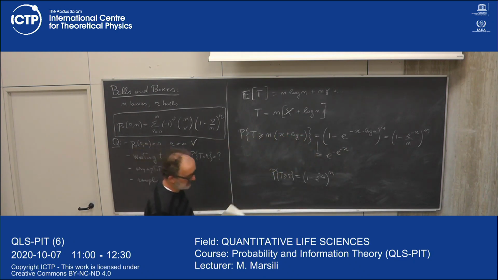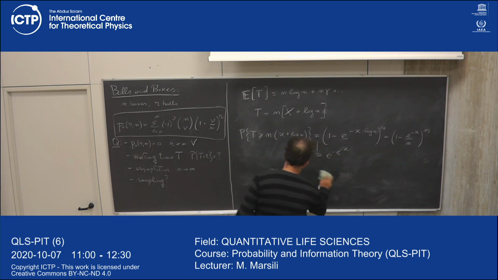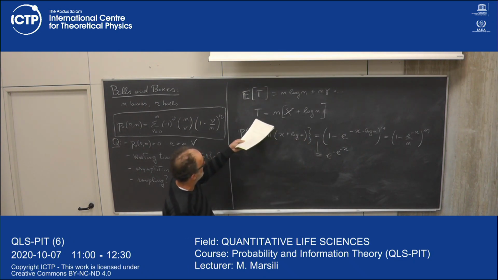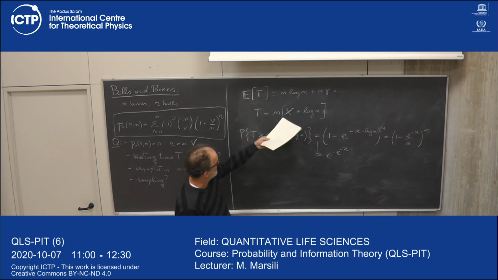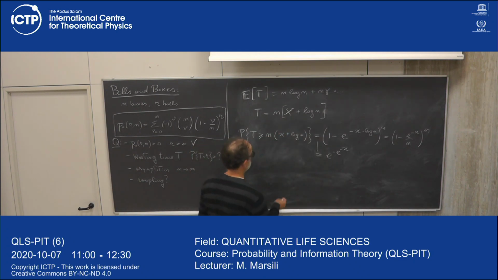Okay, so this tells you that if you make this change of variable, if you call this variable t as n times a new random variable x plus log n, then this random variable has a cumulative probability distribution.